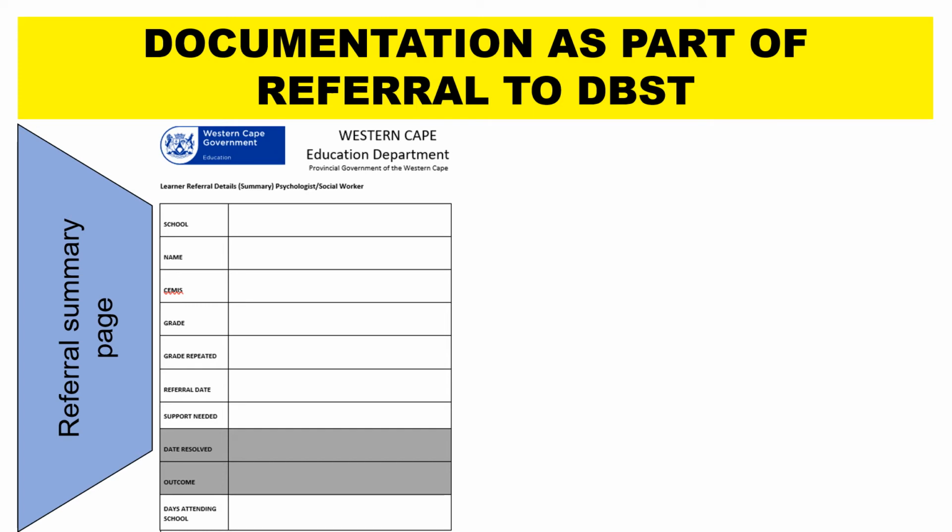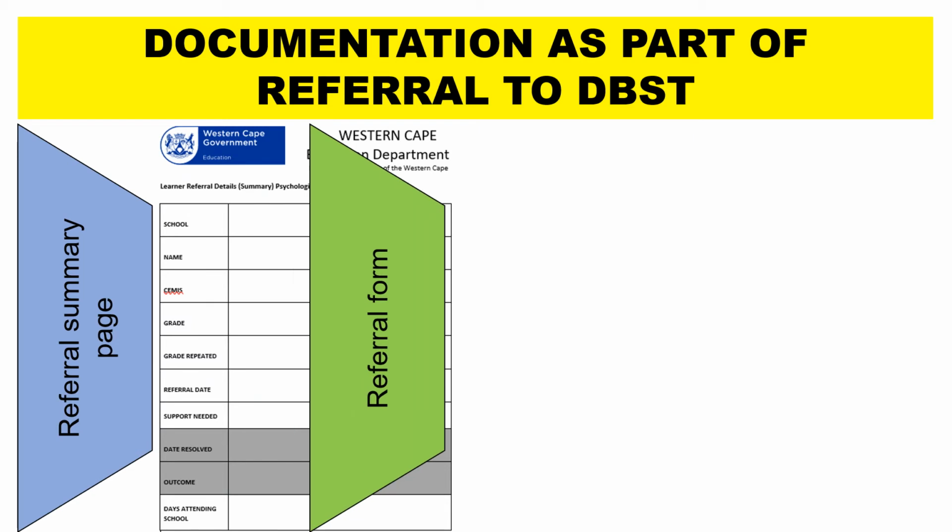You will notice that the LST needs the CMIS number of a child as well as the grades that were repeated. The LST also needs to know when the child is attending school. Now, this, of course, will fall away once Corona or COVID-19 is no longer an aspect that we need to take into consideration and all the children come back to school.